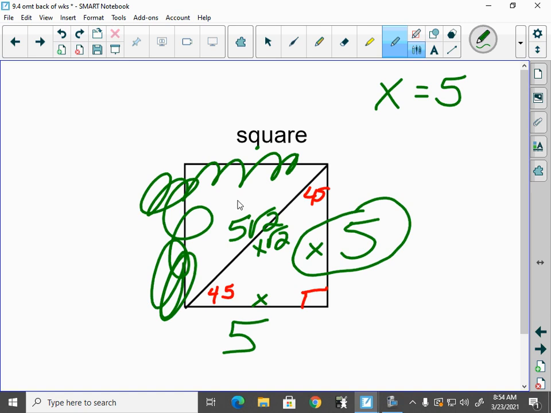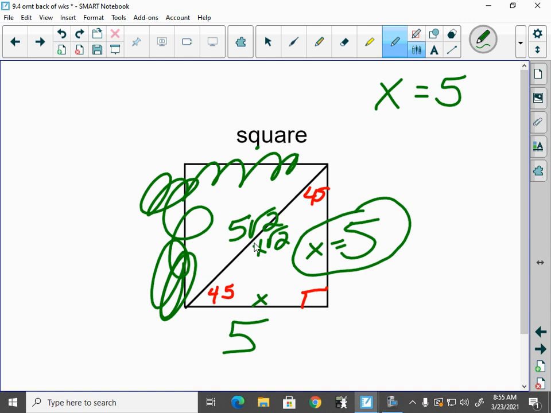The given number is not the one with the square root. So if x equals 5, you fill in everywhere there's an x, and x square root of 2 becomes 5 square root of 2.